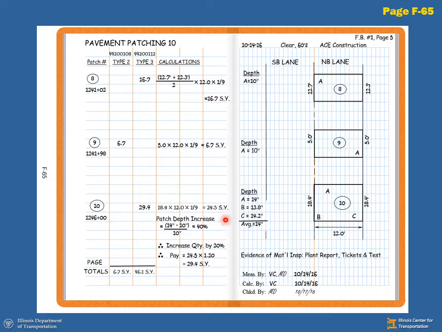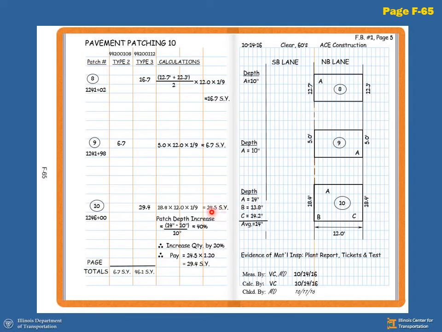I need to increase this number by 20%. So I can take 100 plus 20%, I get 1.20. I multiply that by 24.5, which was my actual area, and I get a pay quantity of 29.4 square yards. Well, what type of patch is it? Tricky.